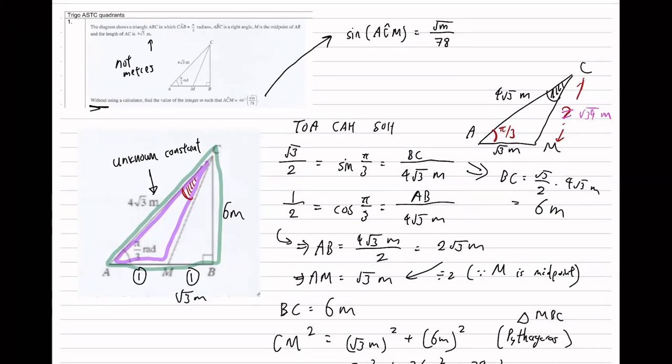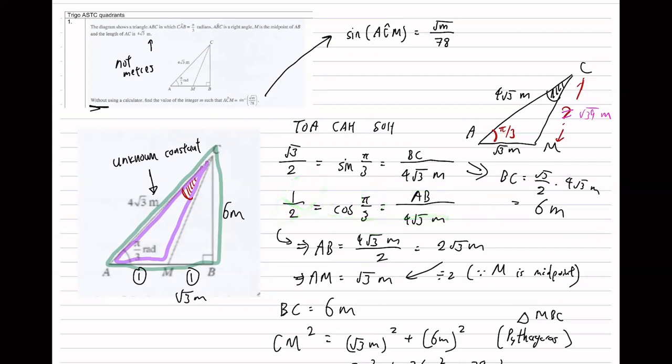Sine of 60 is root 3 over 2, BC is 6m, and that is fine. Cosine is adjacent over hypotenuse, AB over 4 root 3m. This is 60 degrees, cosine 60 is half. Okay, good.